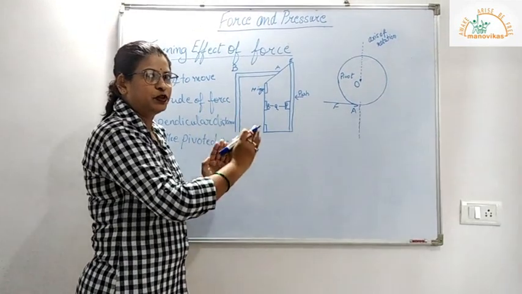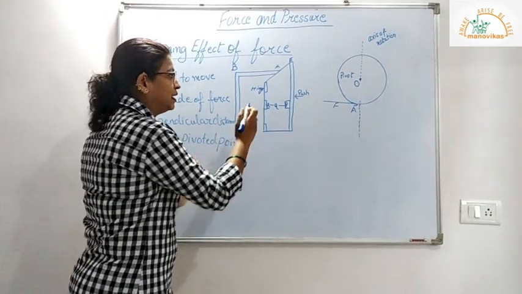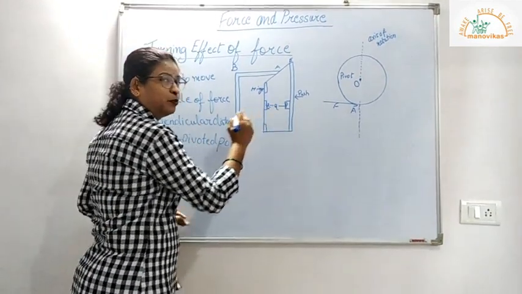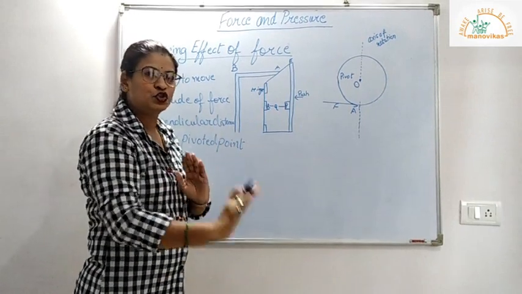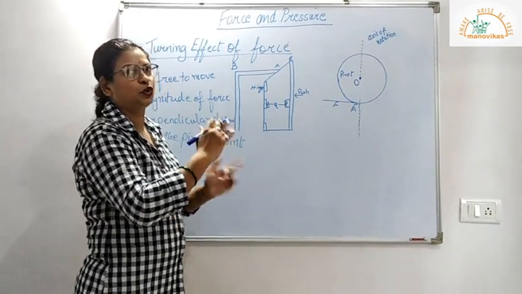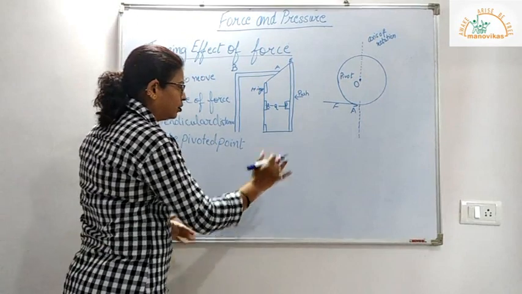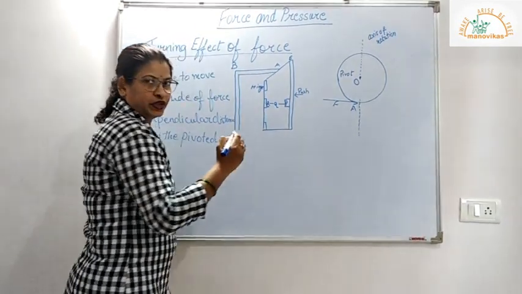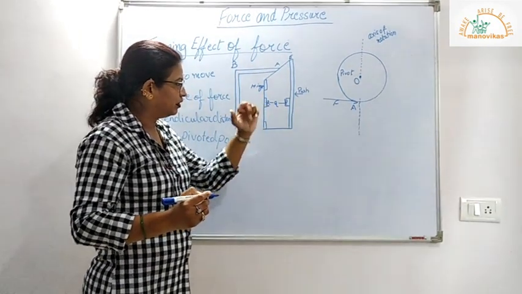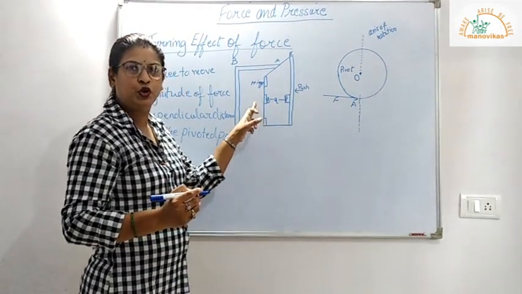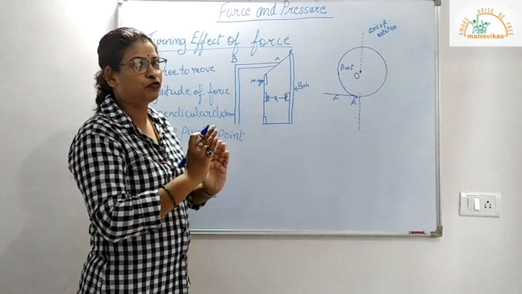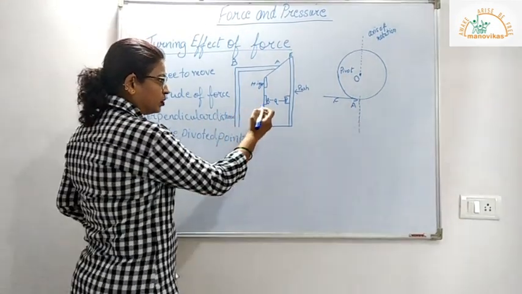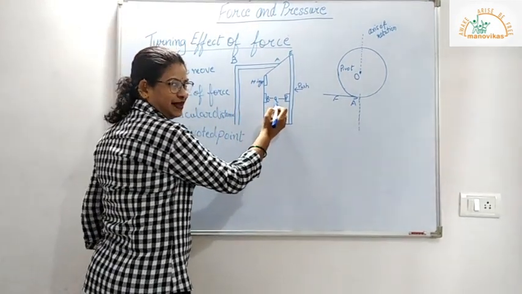Though a suitable force is applied, still the distance from the pivoted point is very less. So there will be difficulty to push or pull the door. Now, if we change the distance to the point Q, still there will be difficulty in pushing the door, though the same magnitude of force is applied, because the distance is still less.